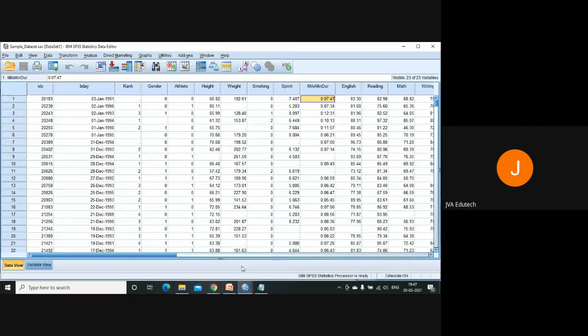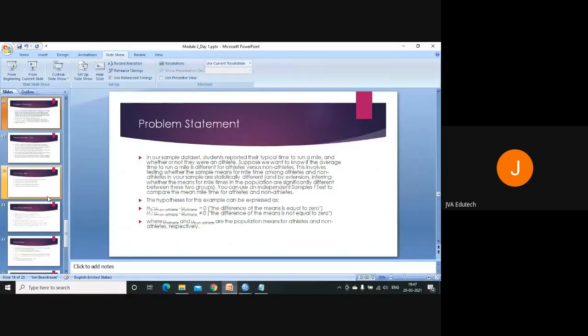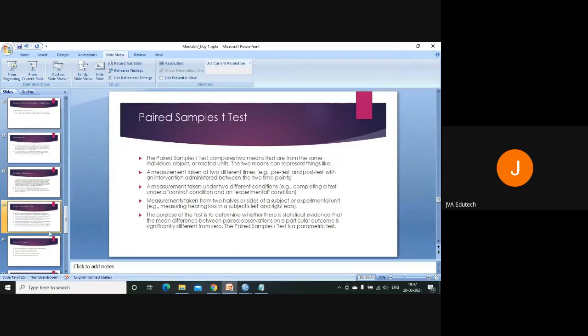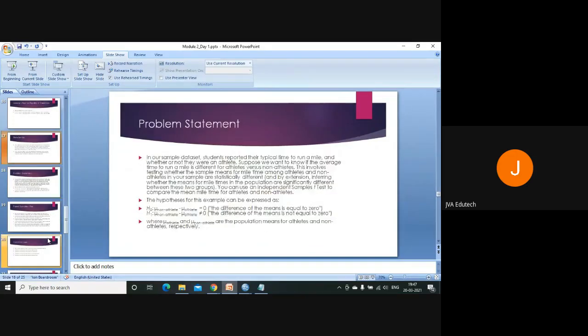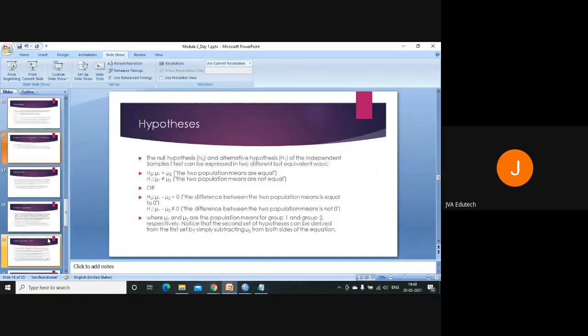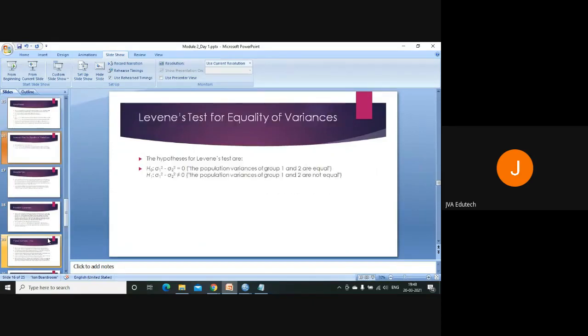But before that, we have also formed one hypothesis for equality of variances. If you could see here, this was our sigma 1 square minus sigma 2 square is equal to 0.